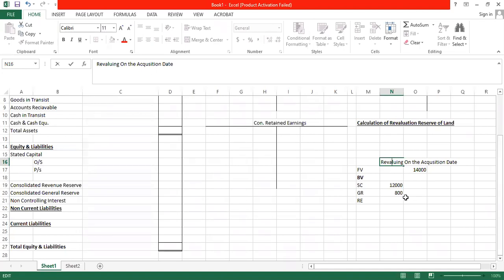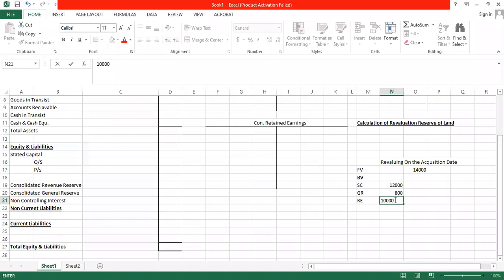On the acquisition date, both balances are equal. So you can take on the acquisition date it's equal to 800. And retained earnings, it's 1 million. So you have to take the acquisition date value here.